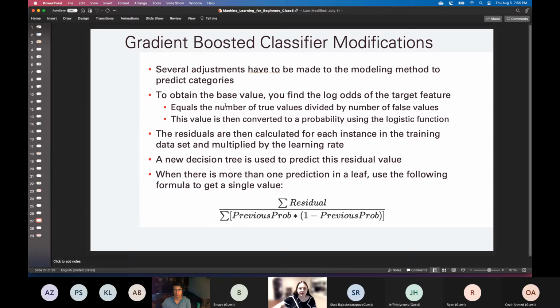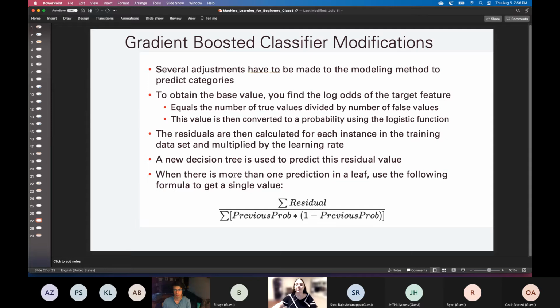So to obtain the base value, you find the log odds of the target feature. This equals the number of true values divided by the number of false values. And this value is converted to a probability using the logistic function. And then the residuals are calculated for each instance in the training data and multiplied by the learning rate, just the same. And a new decision tree is used to predict the residual value.